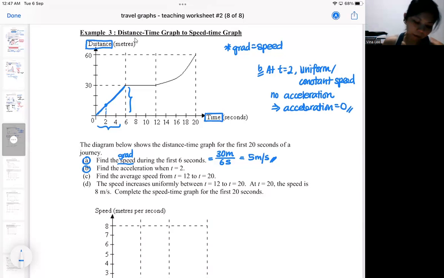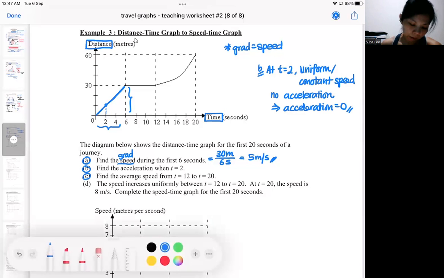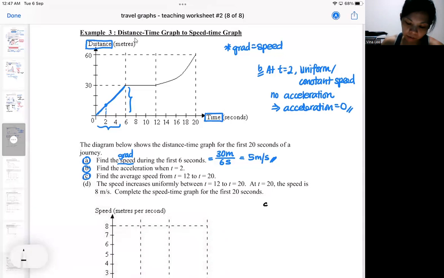Okay. In the third part, we would like the average speed from t equal to 12 to 20. If you think about average speed, I will need the total distance over the total time.